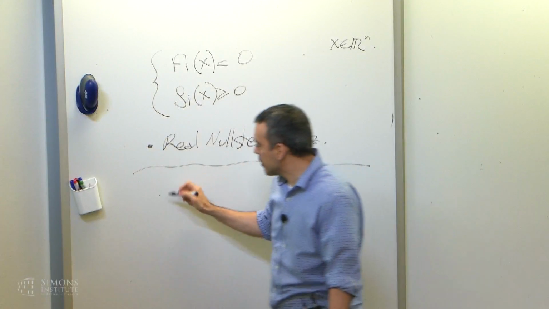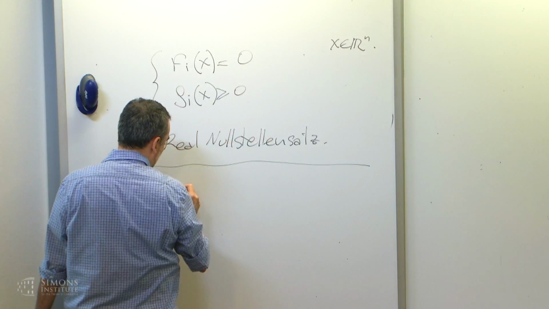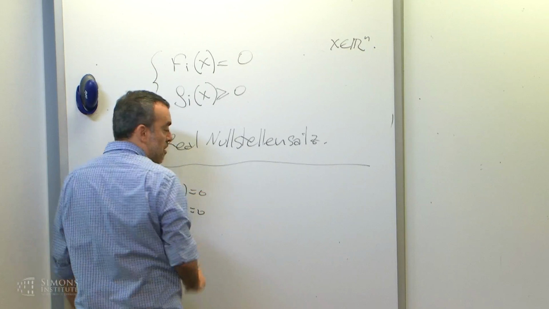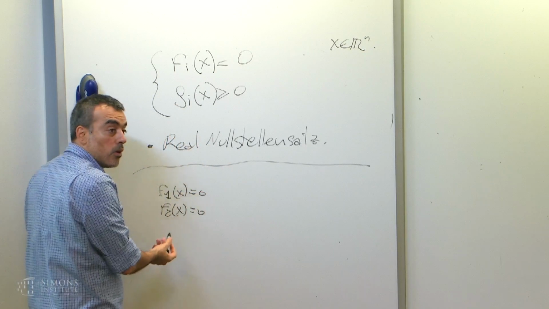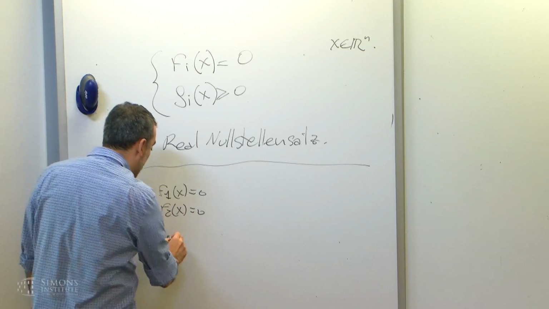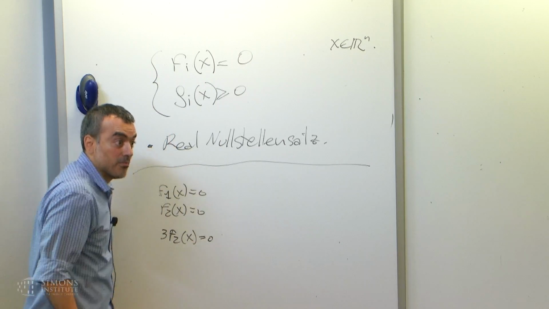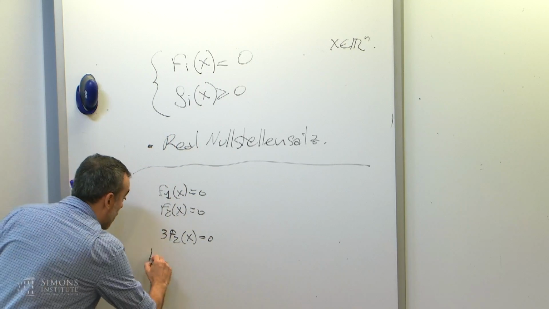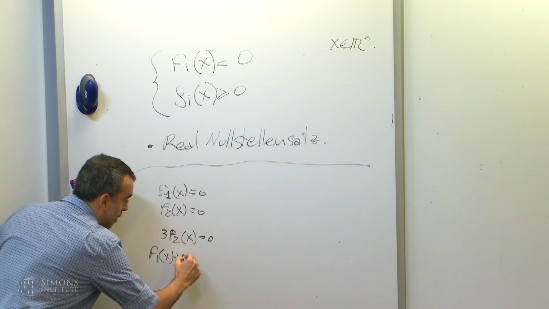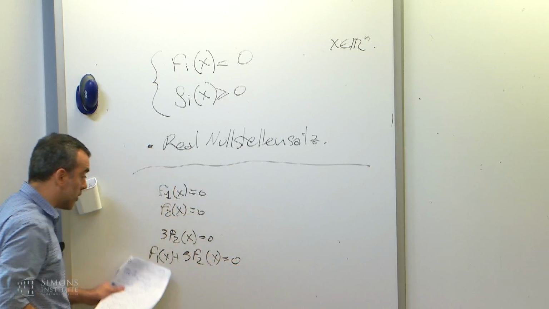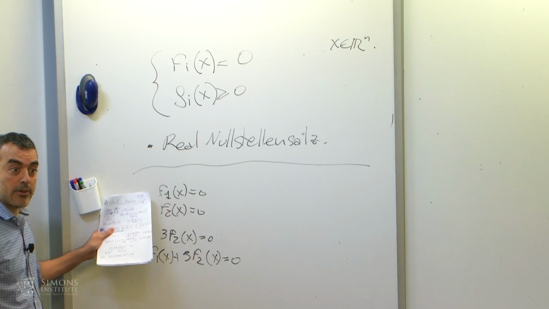Imagine again that somebody hands me this problem and wrote f1 of x equal to 0, f2 of x equal to 0. Then I could add some other constraint in there that says 3 f2 is equal to 0. That's a valid constraint. Or I could write f1 of x plus 5 f2 of x equal to 0, and this would certainly be another valid constraint.